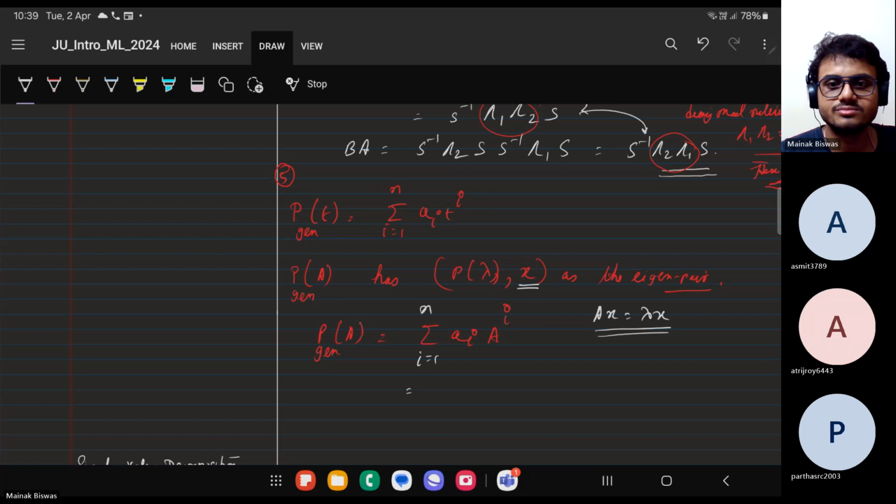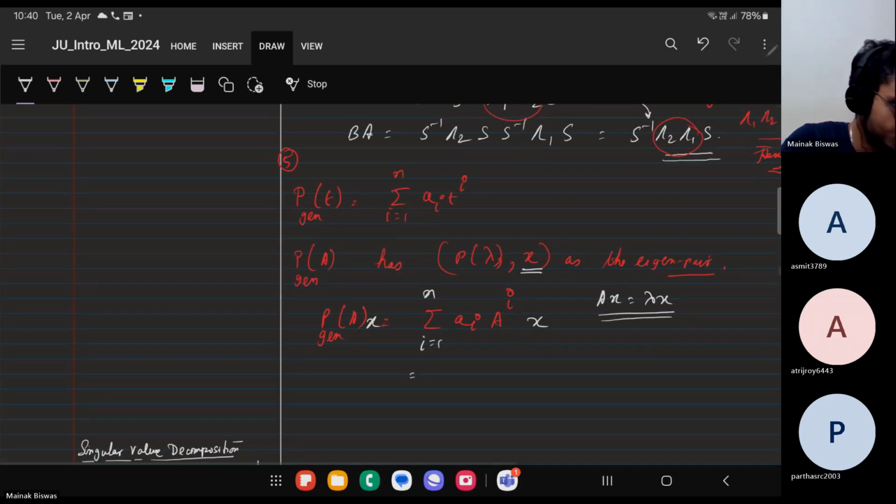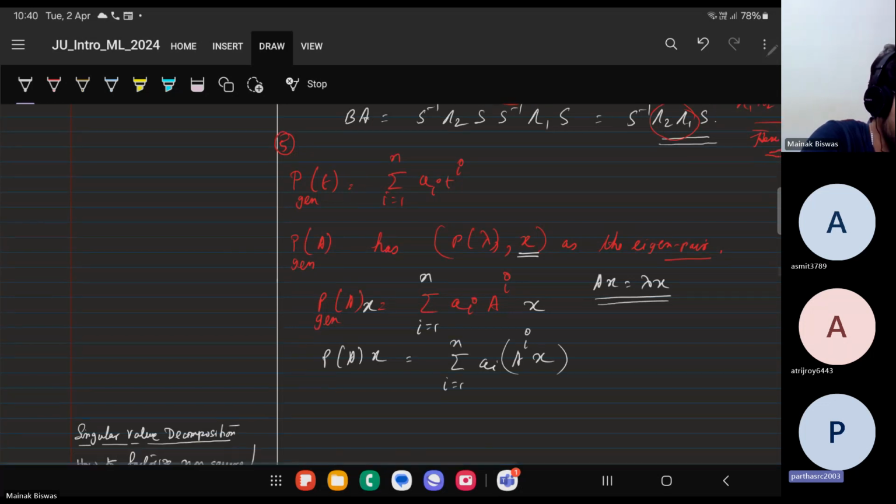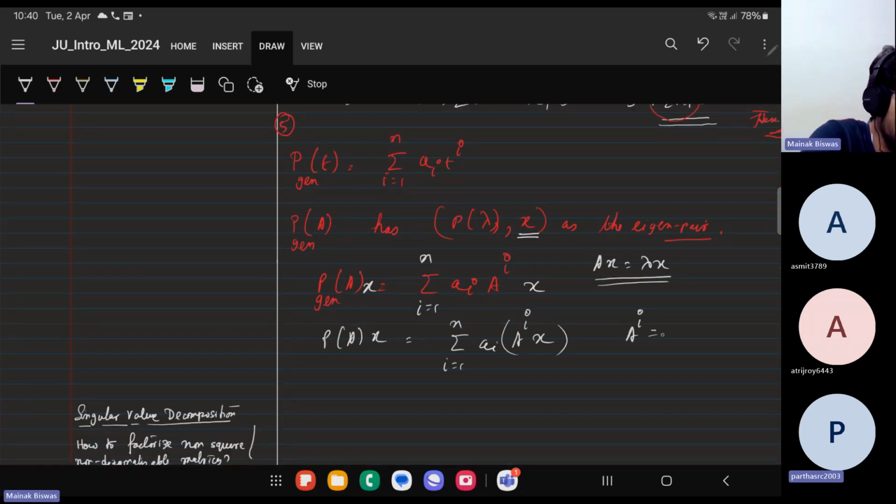So if I multiply x on both sides, what will happen? I'll get P(A) x as the sum of a_i A^i x. That A^i times x will become an iterative multiplication. So Ax will be lambda x.